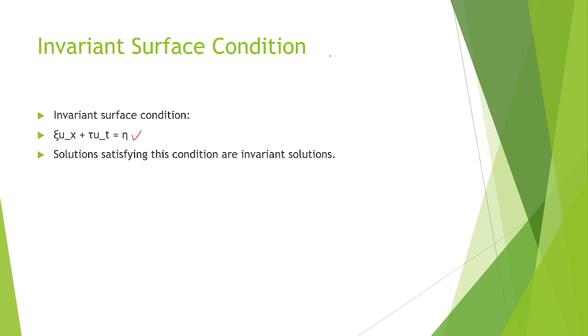We have a surface u equal to u(t,x), and we can write it as F(t,x,u), which is equal to u minus u(t,x), equal to 0. So this is the surface. This is the implicit form of the surface.